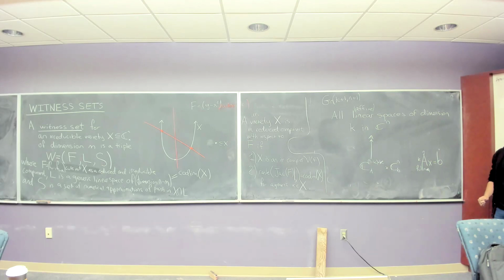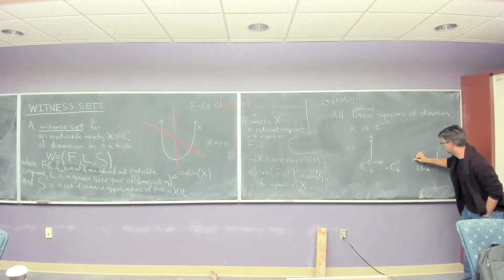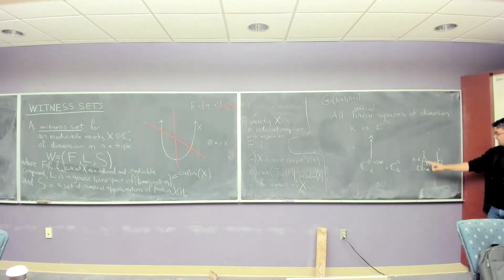All affine linear spaces are solution sets to this. And as long as A has full rank, the rank-nullity theorem says that the solution set has dimension n minus k, but then translated by something, because it's not homogeneous.